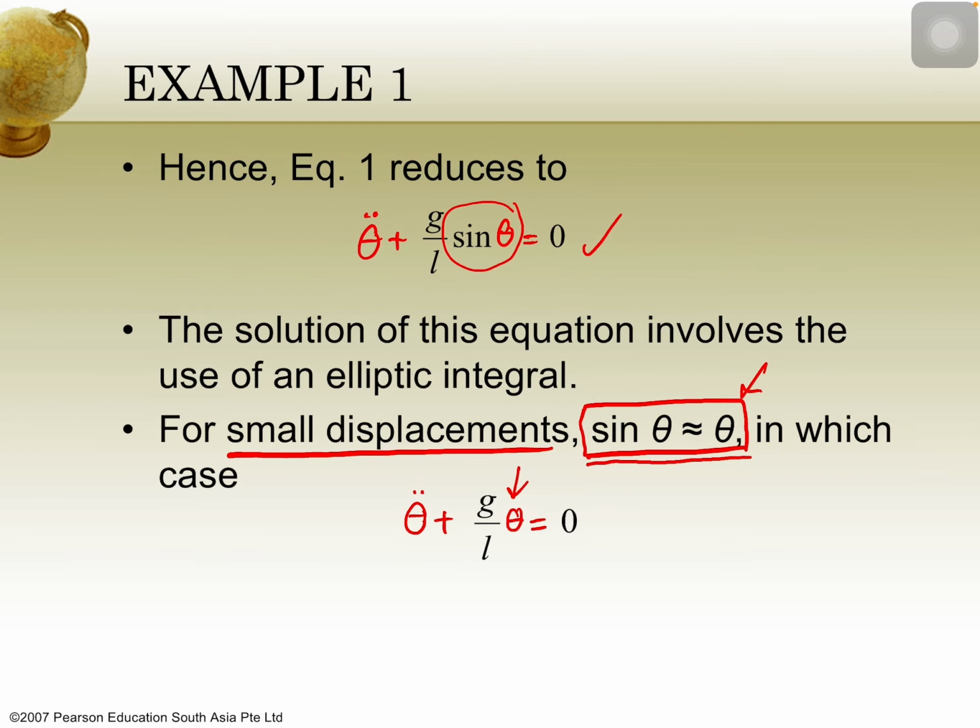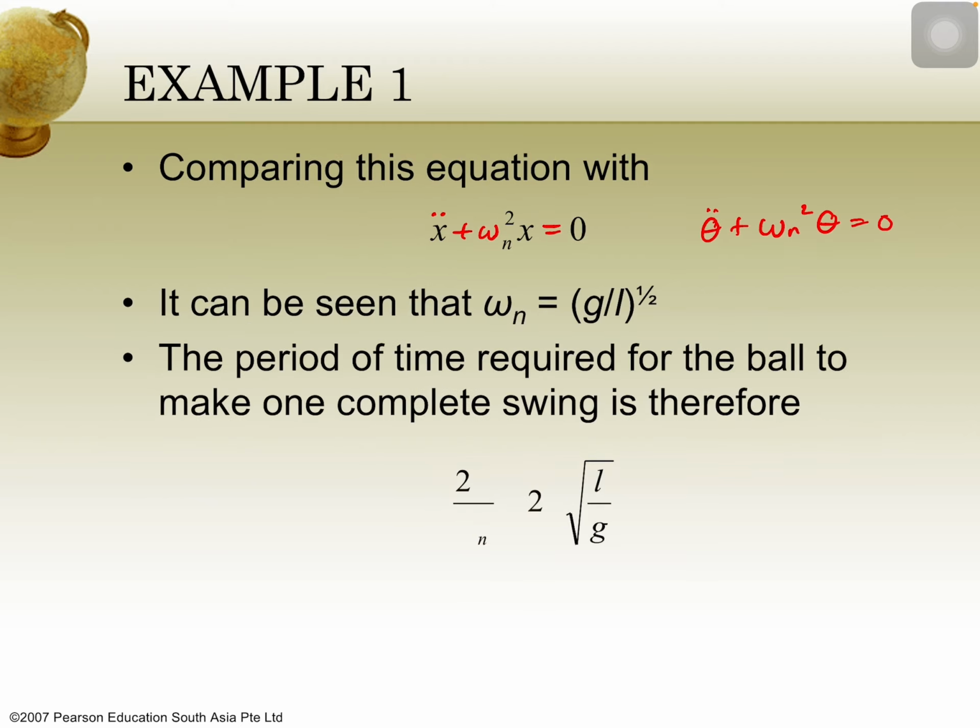When we compare with this one, you can see the relation, the equation for natural frequency. So natural frequency is equal to this formula, right? The period of time required for the ball to make one complete swing is therefore.